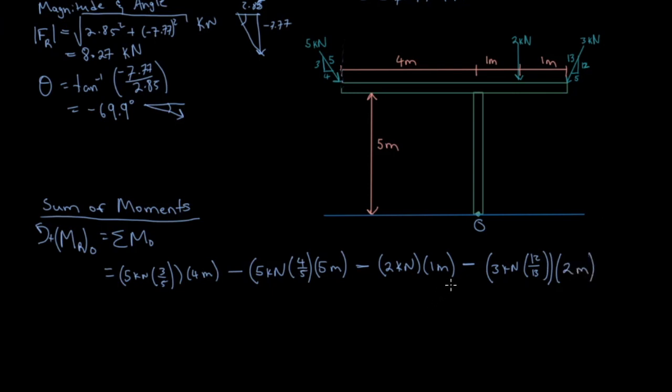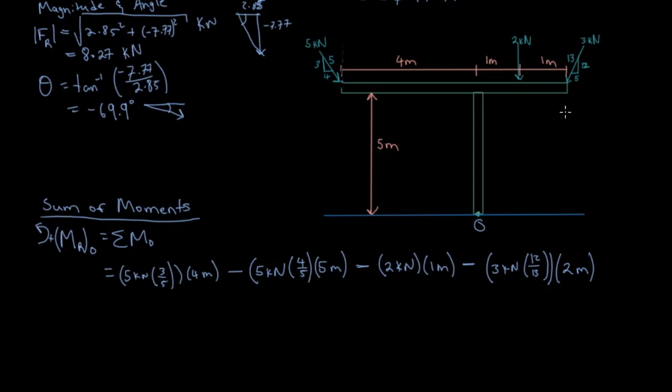And then the last thing we're going to do is consider the horizontal component of this force here. We're going to multiply the horizontal component of this force times the perpendicular distance from O. The perpendicular distance is going to be 5 meters, and the horizontal component of the force is going to be 3 kilonewtons times this 5 here divided by the 13.